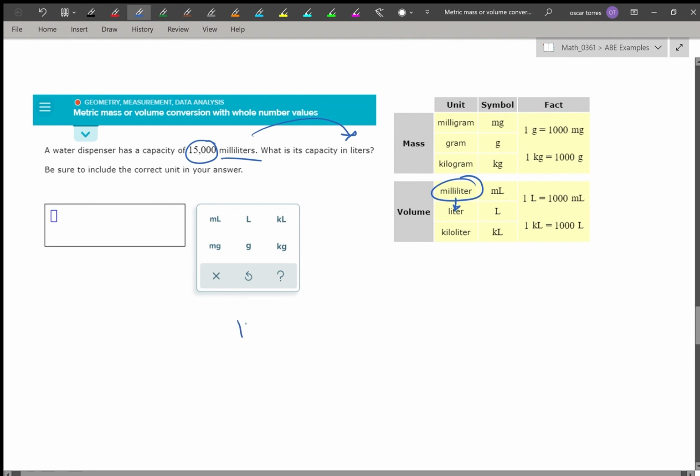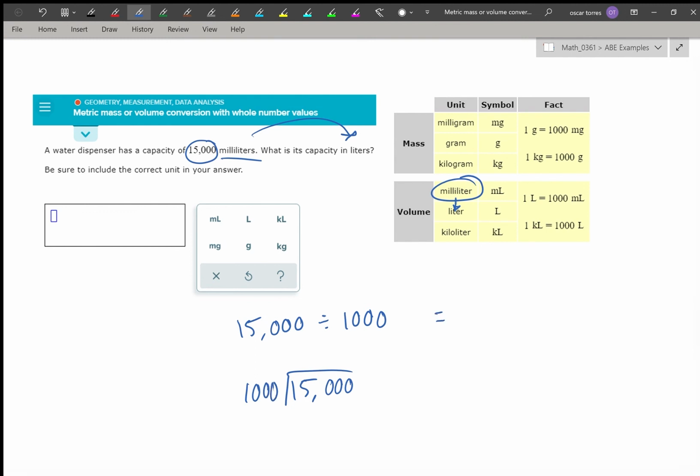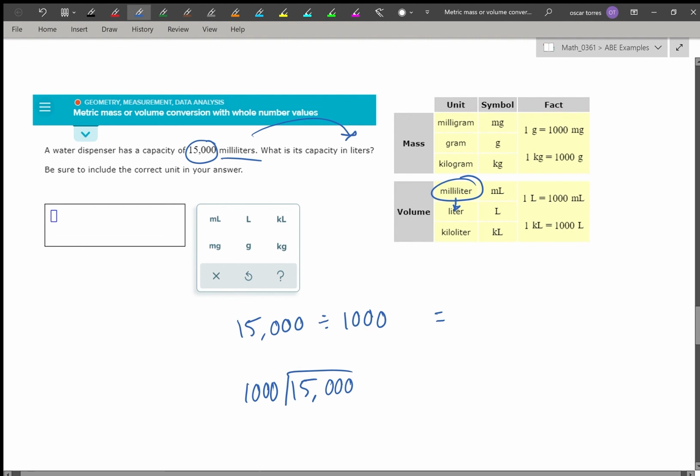So we're going to take 15,000 and divide it by 1,000. You can either write it like this or you can write it this other way. They're exactly the same. Whenever you solve either one of these problems, we end up getting 15 as our answer. Now we were converting milliliters to liters, so this is actually 15 liters. So 15 liters would be our final answer.